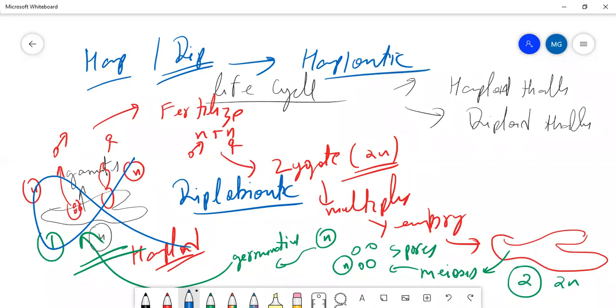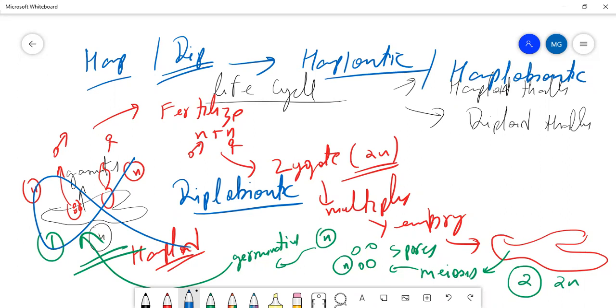This is the haplontic life cycle, or sometimes we call it haplobiontic. Sometimes we say haplontic, sometimes haplobiontic. Earlier we also used to say diplontic and diplobiontic. So now I think these two terms are very clear.